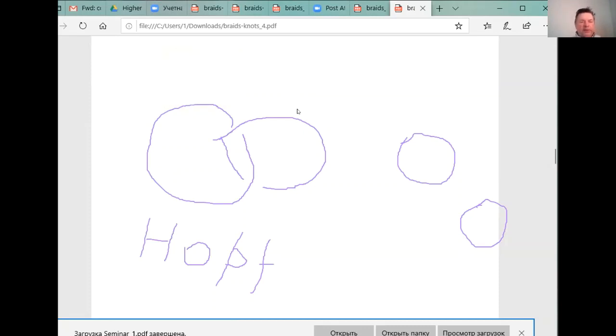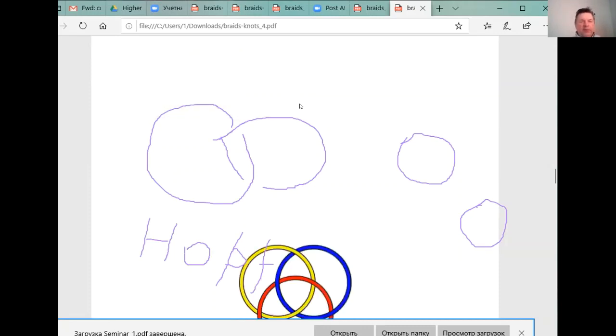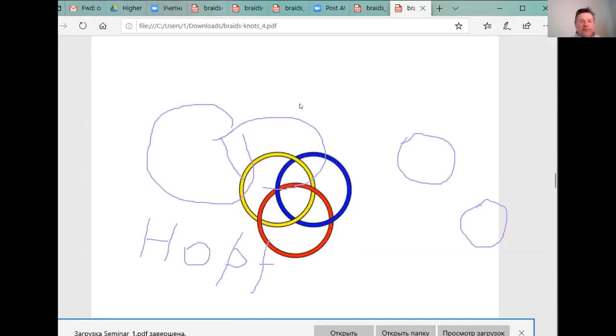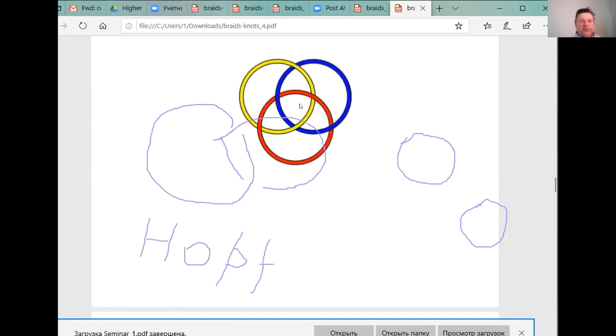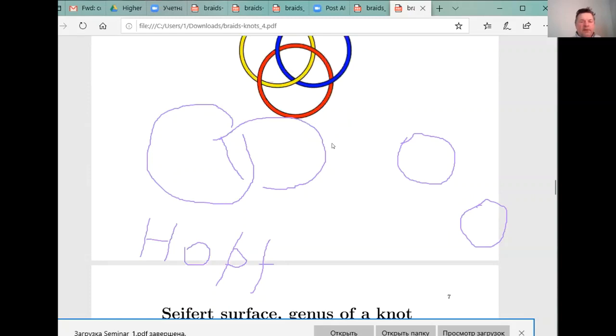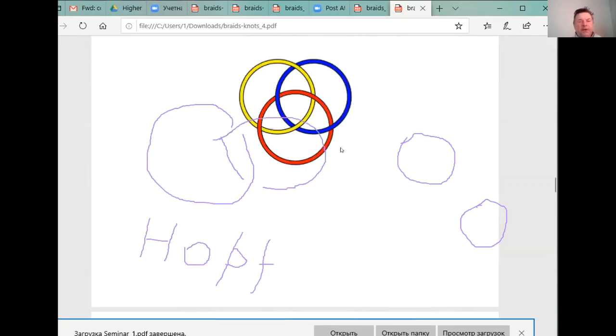This is the Whitehead link, and maybe this link you know from ancient stuff. It is called the Borromean Rings.